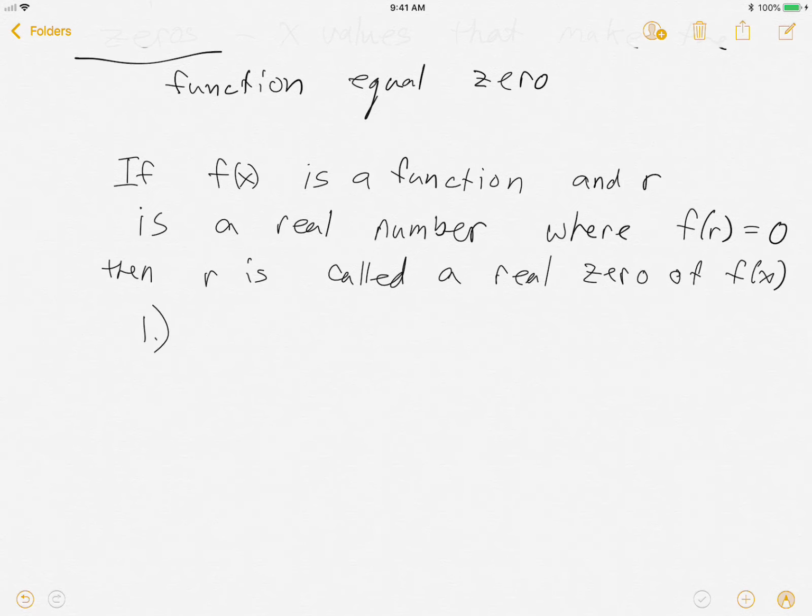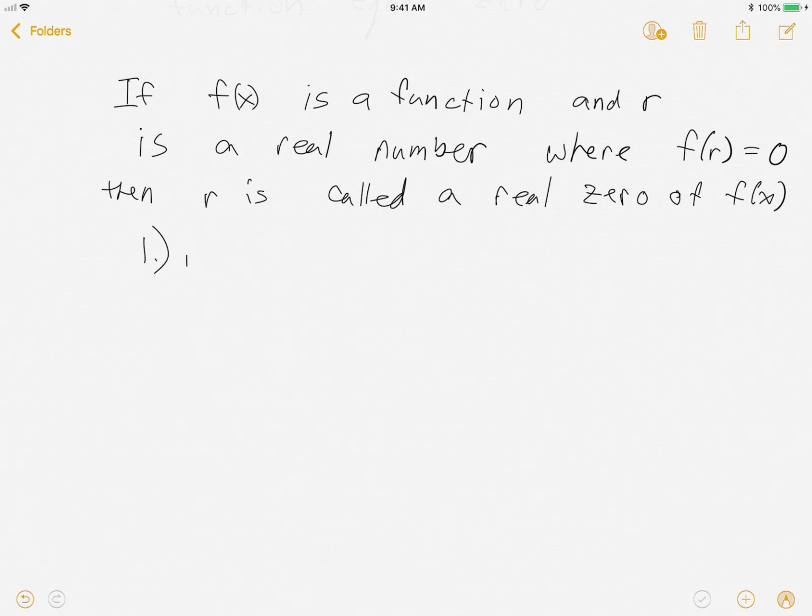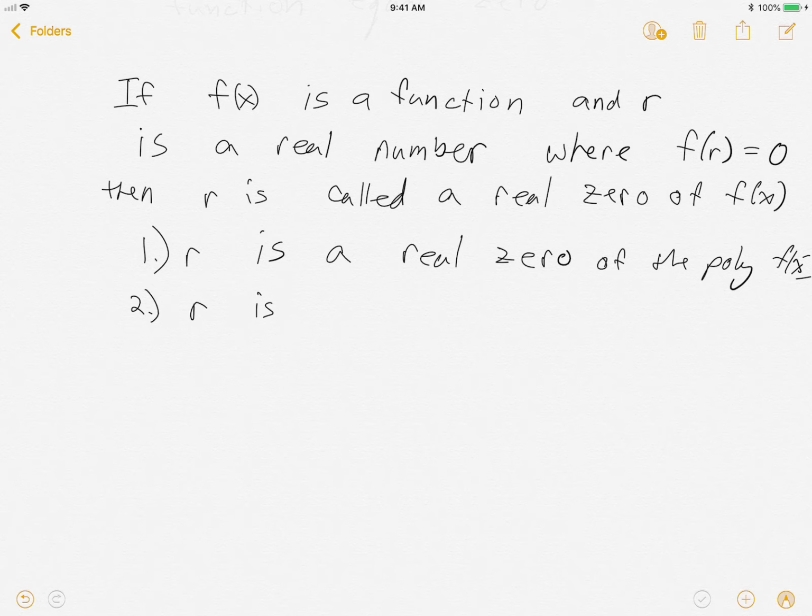So we can make 4 inferences here. R is a real 0 of the polynomial f of x. R, if it is a 0, is an x-intercept.